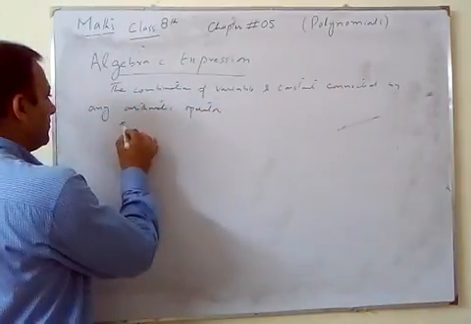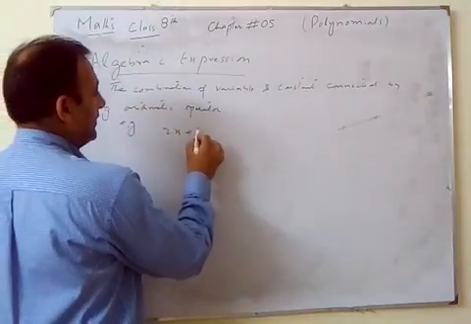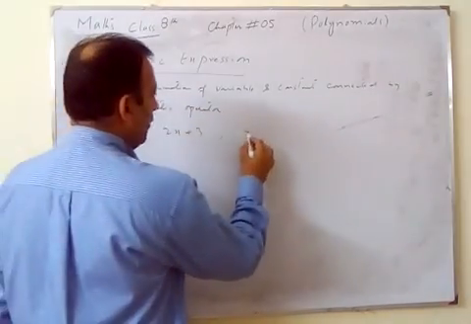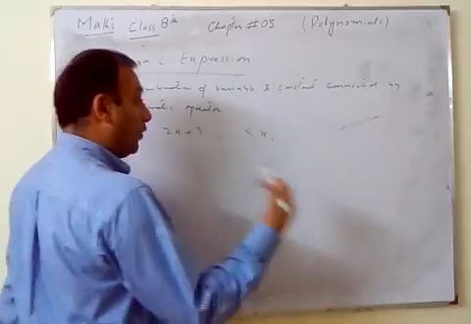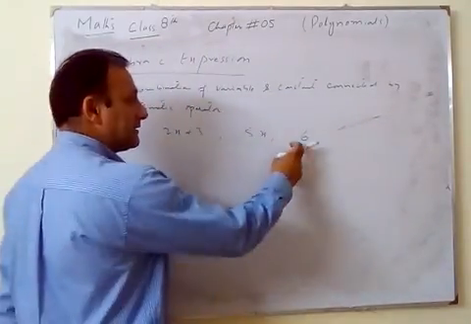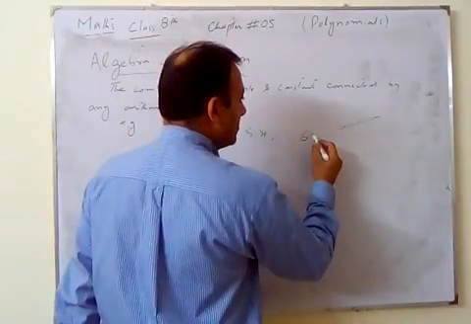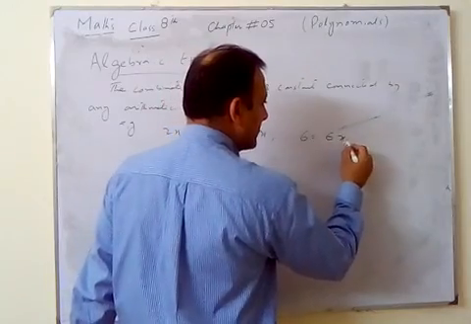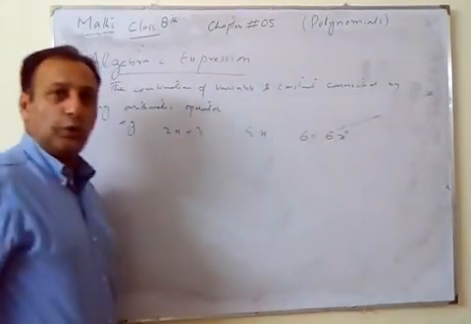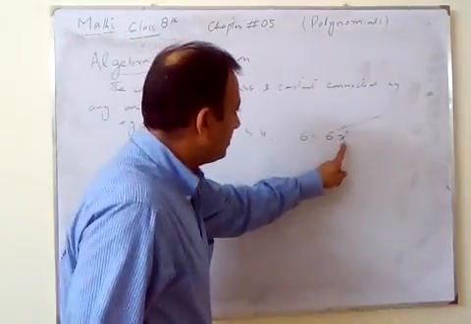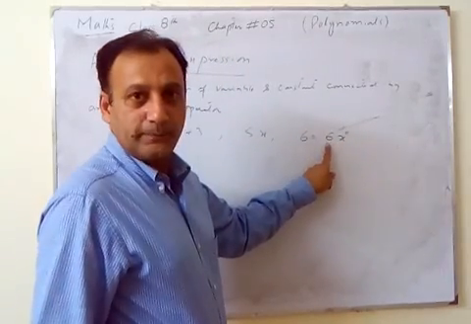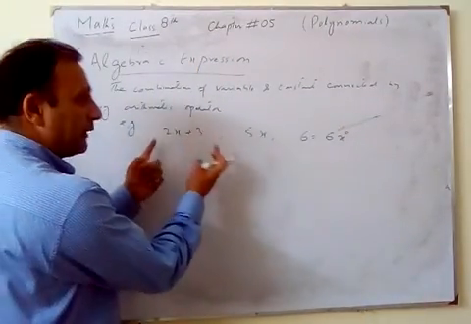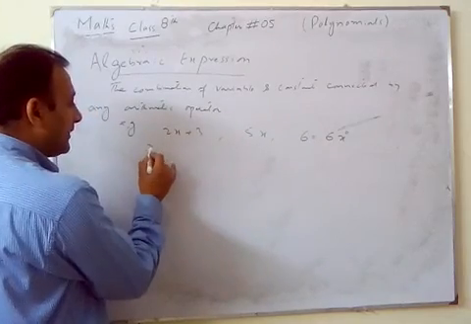For example, 2x plus 3, only 5x, only 6, because 6 can be written as 6x power 0. So variable is also there, constant is also there. And these are connected by the arithmetic operator.